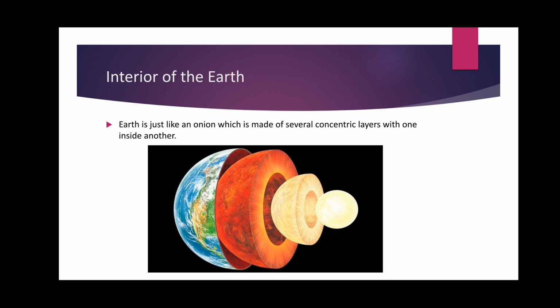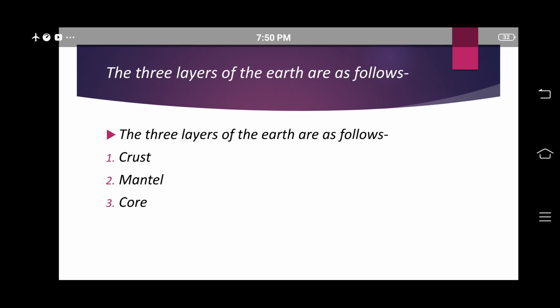Okay students. Now the interior of the Earth. There are three layers of the Earth. The three layers of the Earth are as follows: crust, mantle, and core. So we can roughly say that the interior of the Earth is made up of three things: crust, mantle, and core.